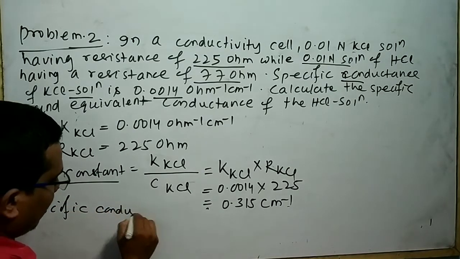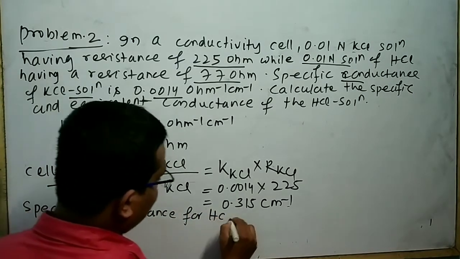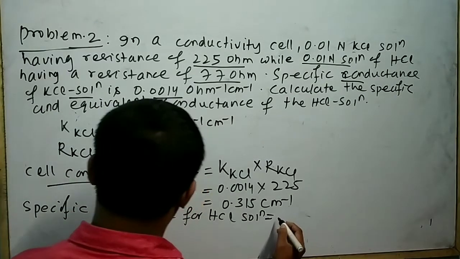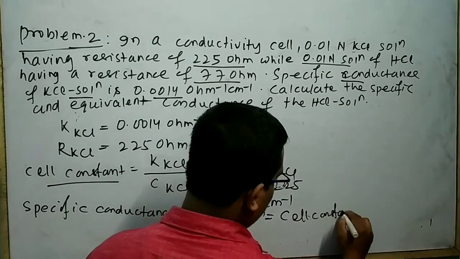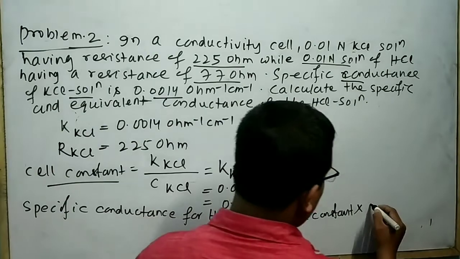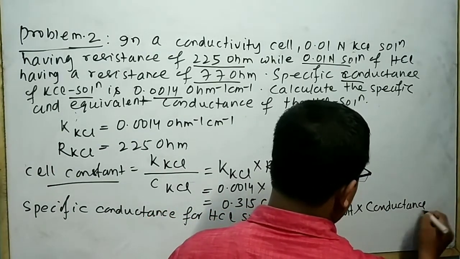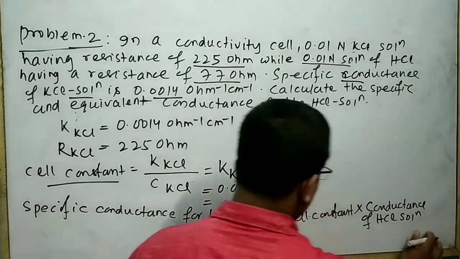Now I will find the specific conductance for HCl solution. We know that specific conductance for HCl solution equal to cell constant into conductance of HCl solution.